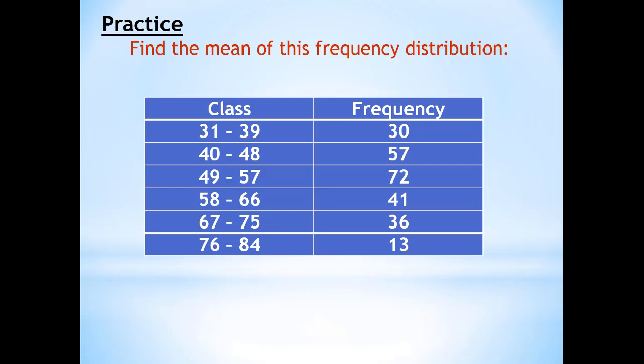And find the mean. So you'll have to find the midpoints, multiply by the frequencies, and follow the formula. You'll need a few minutes to do that, so go ahead and press pause on the video, and when you're ready to see what the answer looks like, press play.